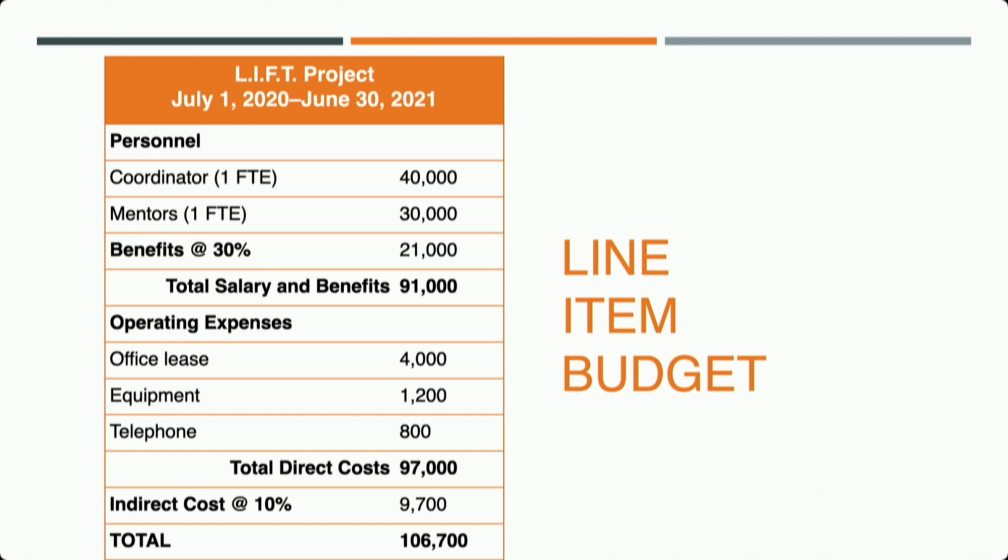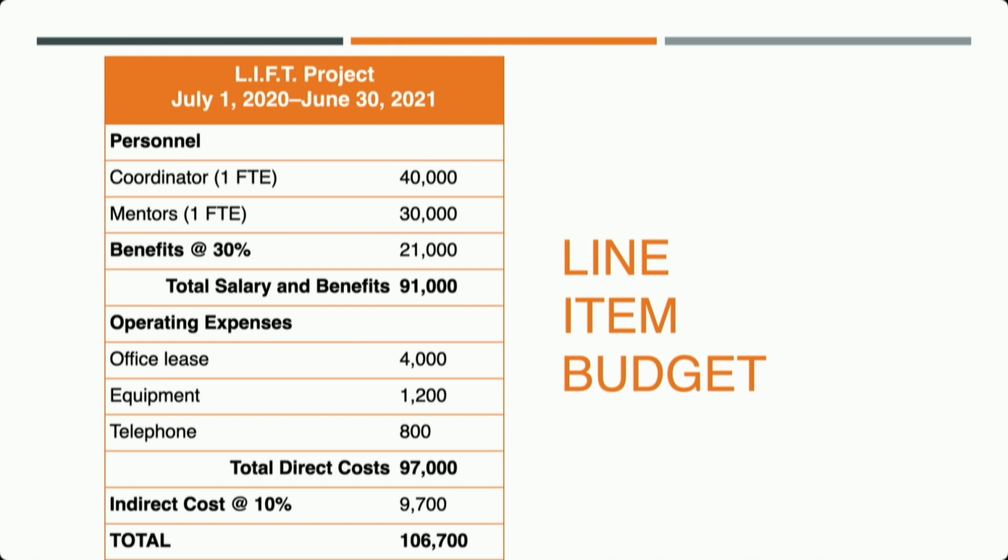Everything else falls into operating expenses, right? And those operating expenses, including the personnel and the operating expenses, the total direct cost is $97,000. The indirect cost rate here is 10%, $9,700, total budget, $106,700.